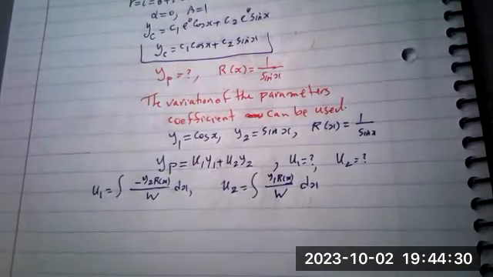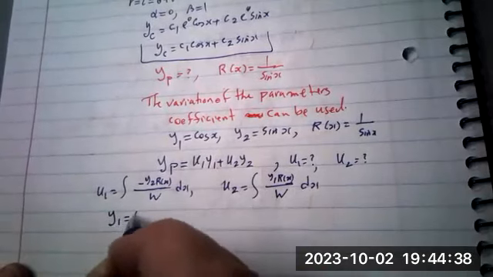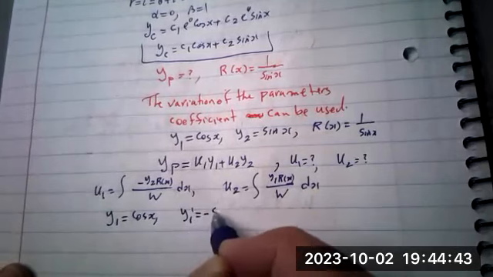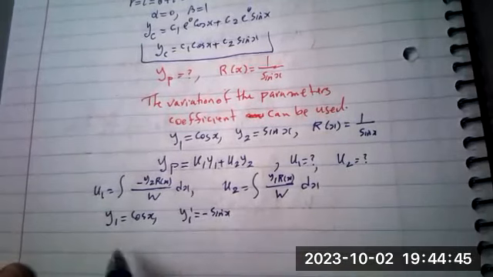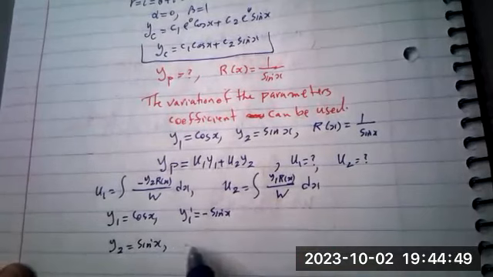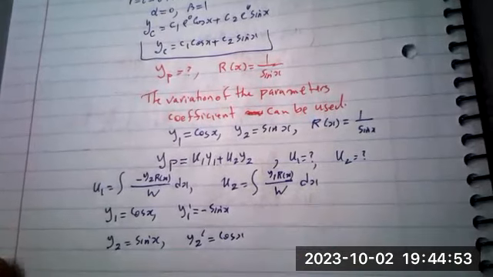Go and prepare it. Get the Wronskian first, so we need the derivatives y1 prime and y2 prime. y1 is cosine x, so y1 prime is negative sine x. y2 is sine x, so y2 prime is cosine x.